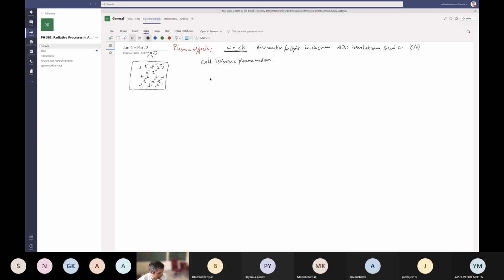Let's consider Maxwell's equations, and let's consider the e to the minus i omega t plus i k dot x form, so plane wave fluctuations.